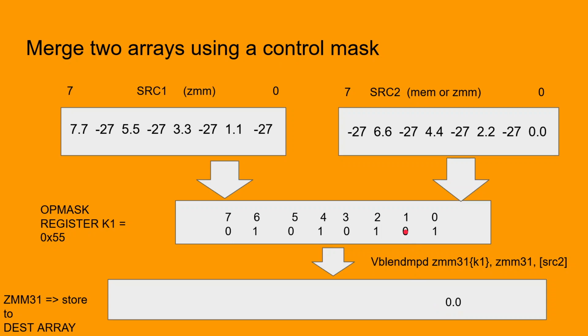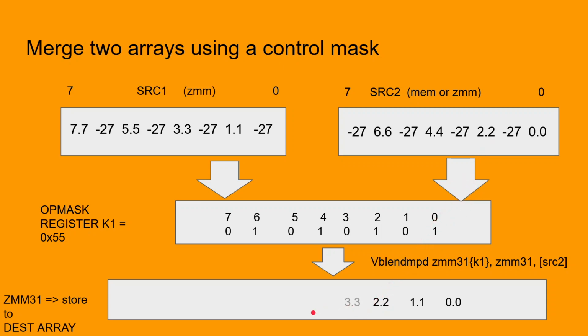For index 1, the op mask bit is a 0, so index 1 of the destination will be updated with the value from index 1 of source 1, which is a 1.1. Similarly, for index 2, since the op mask bit is a 1, the value comes from index 2 of source 2.